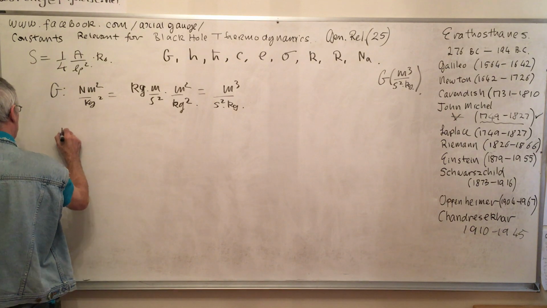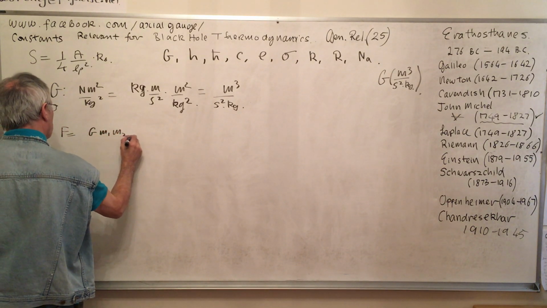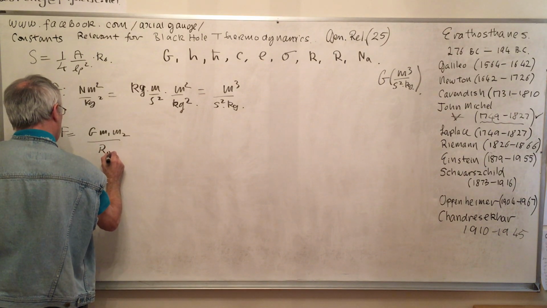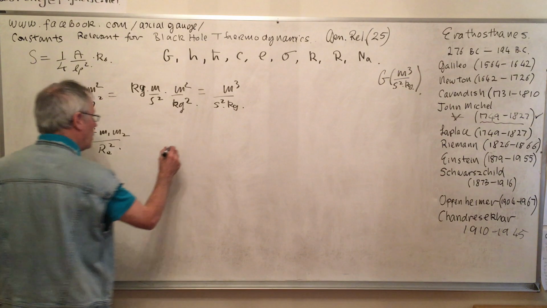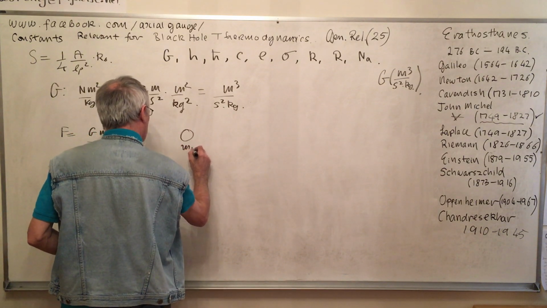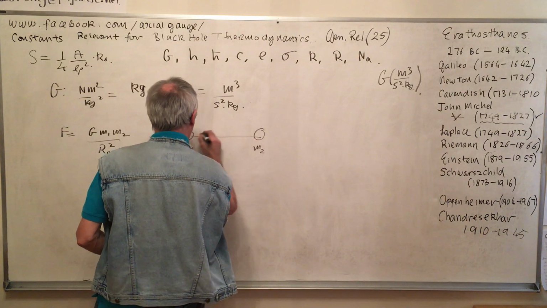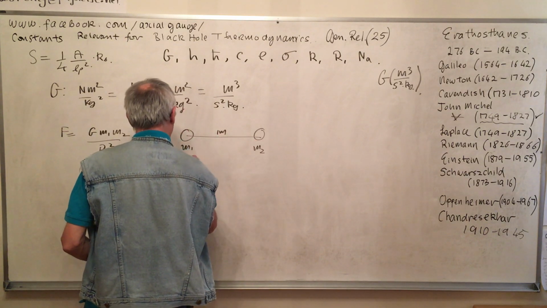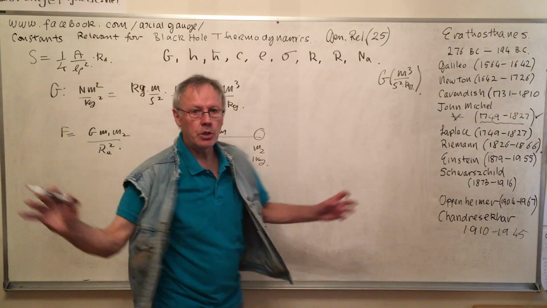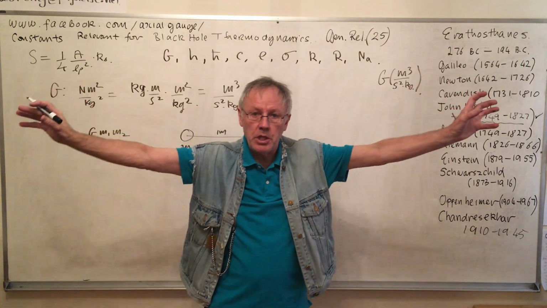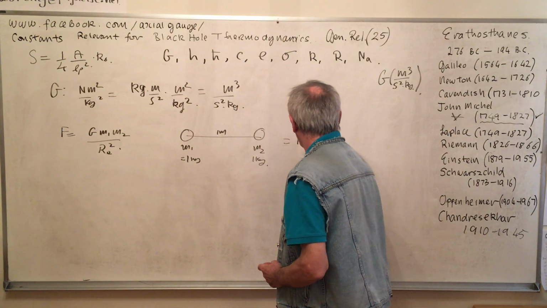And where does this crop up? It gives the force of gravity, the strength of the force of gravity between the following. If I held 2 kilogram masses a distance of 1 meter from each other, the strength of the force between them would be this.